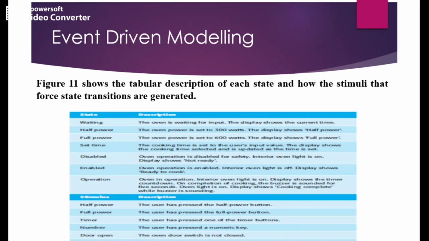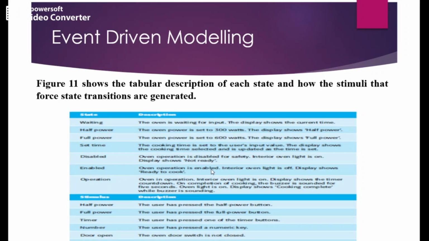When the oven's door is closed and you press the button, which state will the oven move to? Operation state. So it will start cooking the food, and the interior oven light is on. The display will show the timer counting down, like 10 minutes, then 5 minutes left; it starts decreasing.